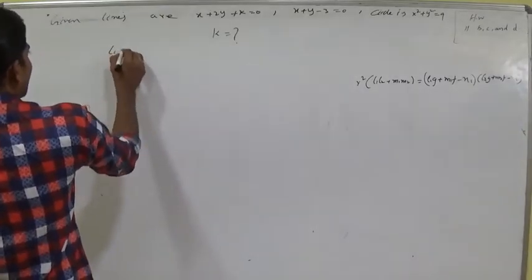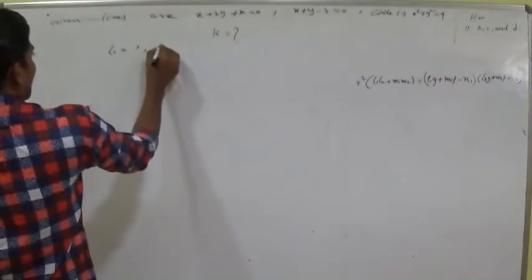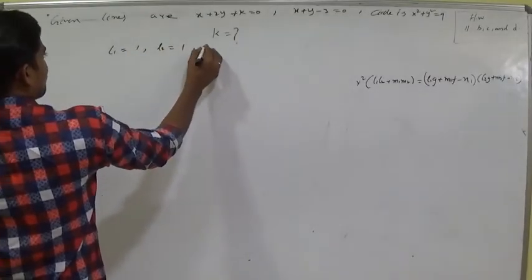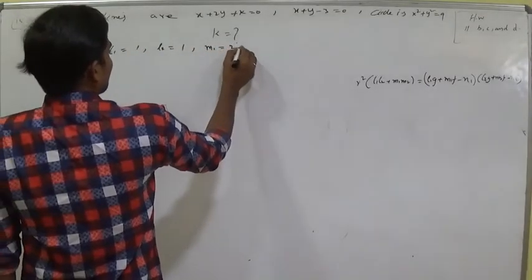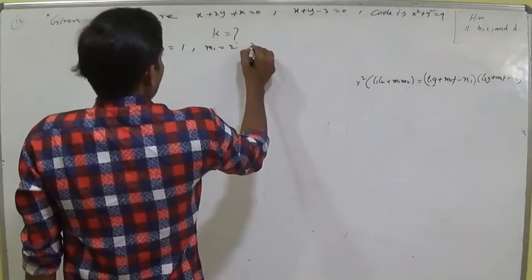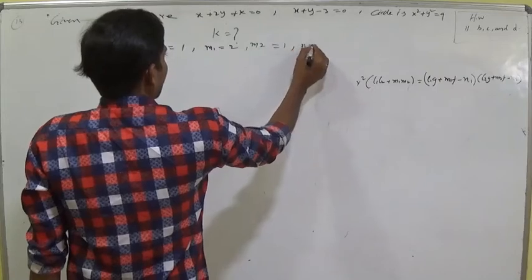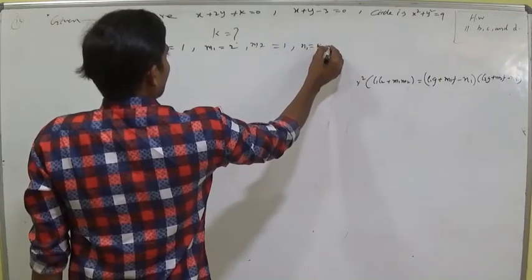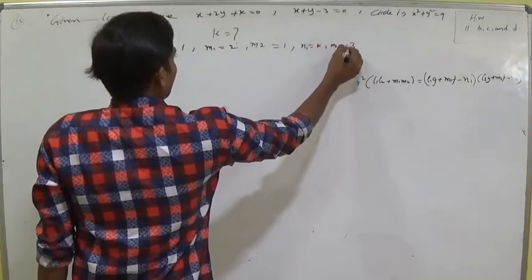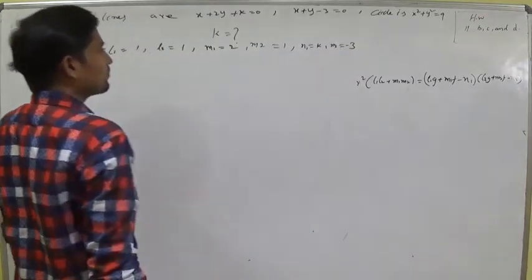L1 equal to 1, L2 equal to 1, M1 equal to 2 and M2 equal to 1, and N1 equal to k and N2 equal to minus 3, right?